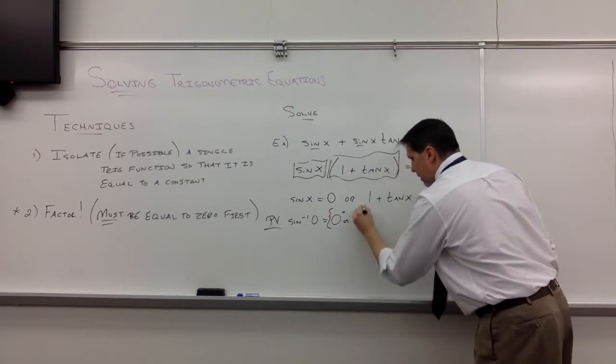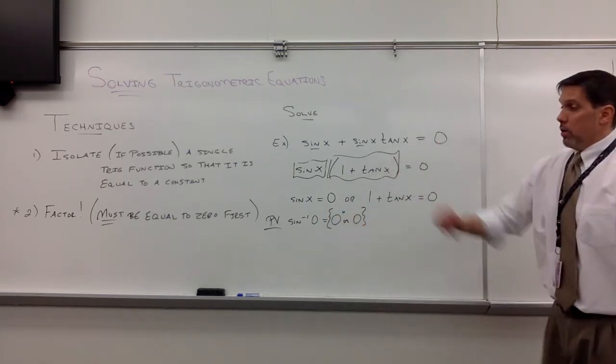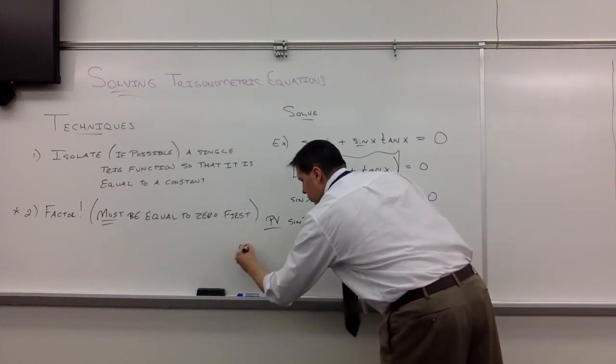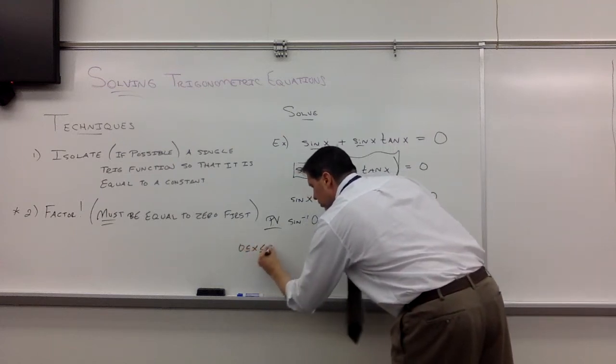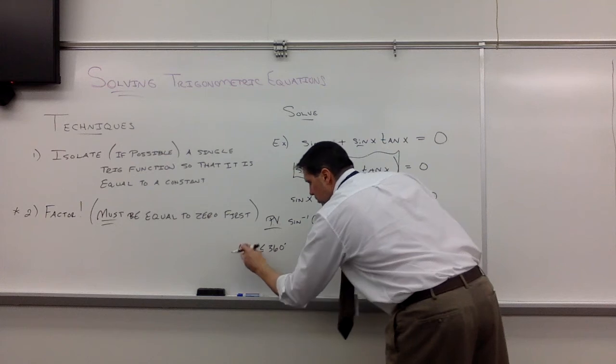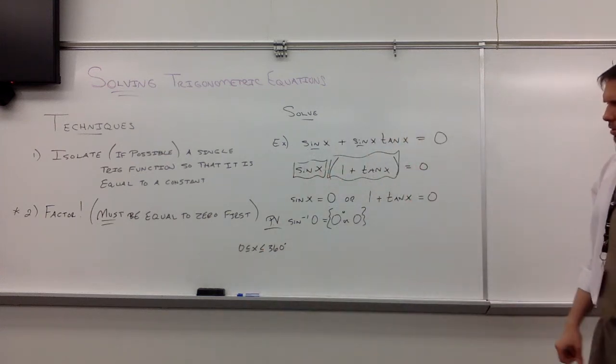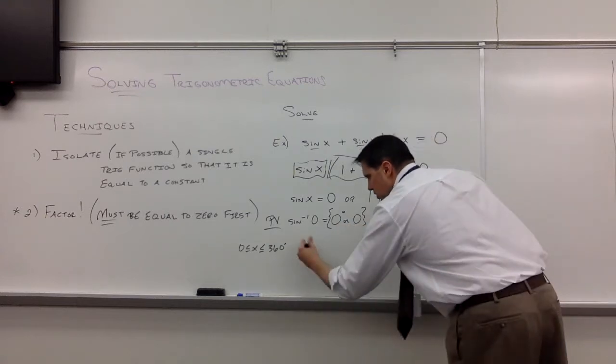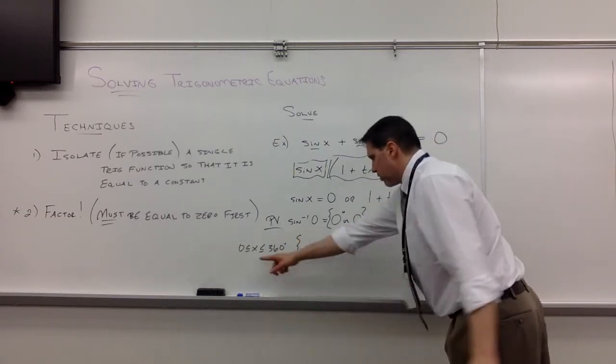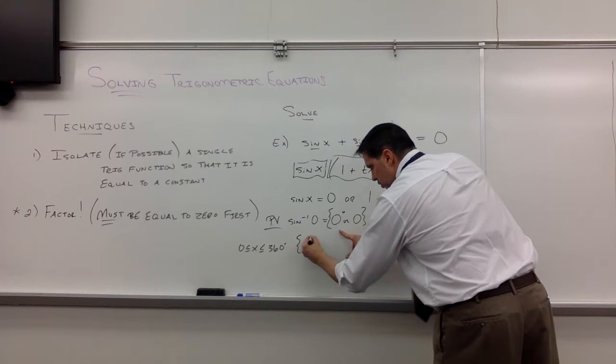If we go between 0 and 360, 0 less than or equal to x less than or equal to 360, we saw in a previous video, we're talking quadrantals here. 0 is a legitimate answer from 0 to 360, so our principal value is good.